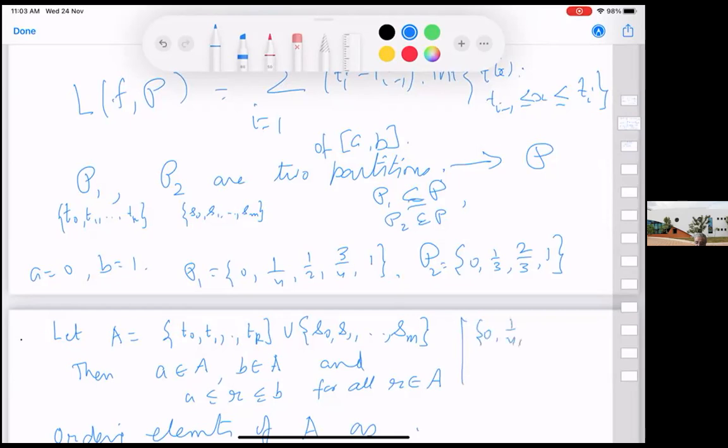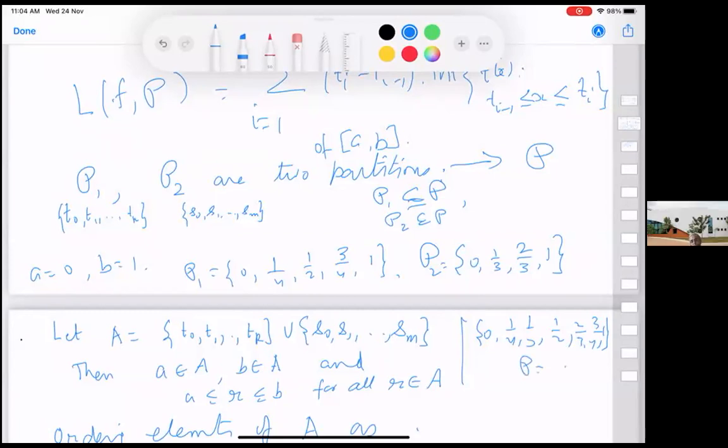0, 1/4, 1/3, half, 2/3, 3/4, and 1. I have already added and ordered them. So this will give you another partition. Yes, sir. Okay.